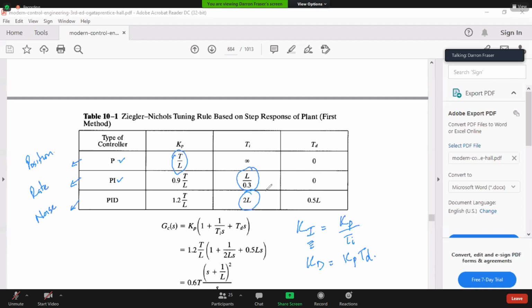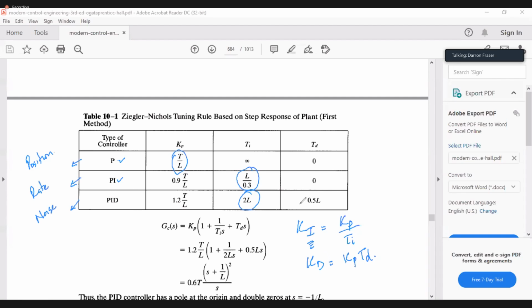And then if it is a PID controller, then KD. That is going to be 0.5 L. So let me bring up our first order response, and L is the lag time, and T is the time constant.